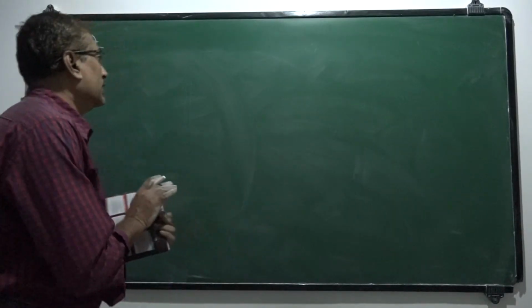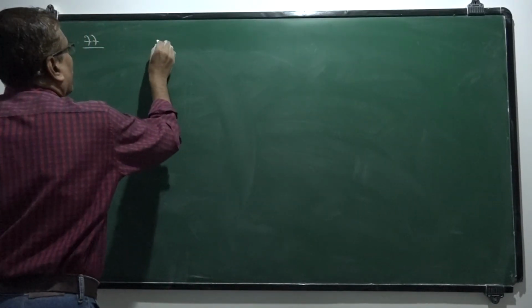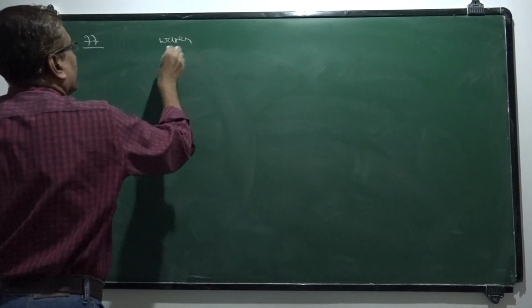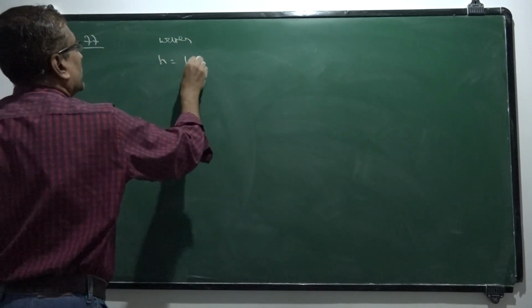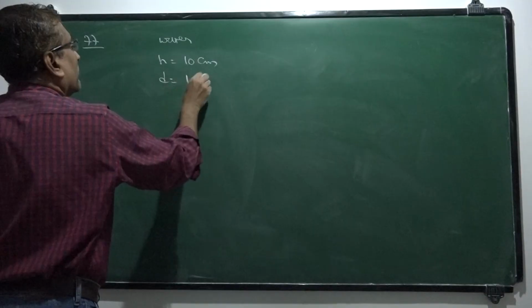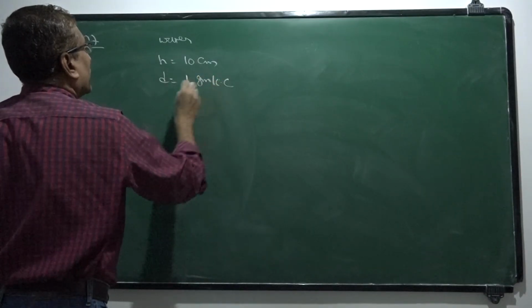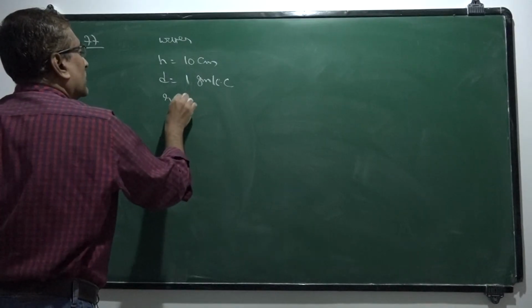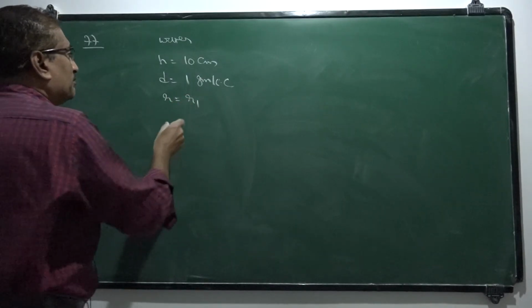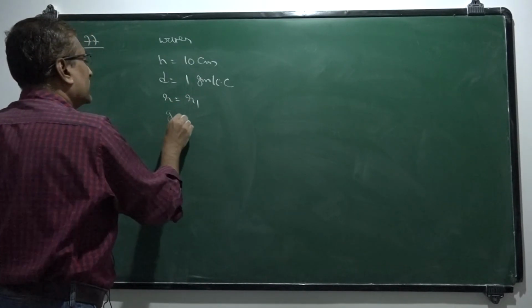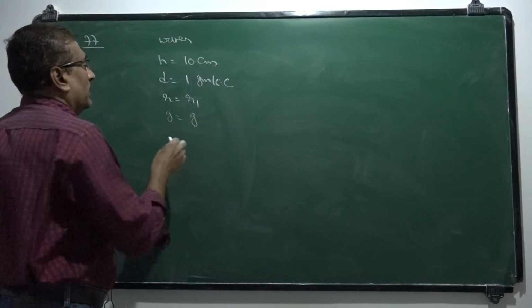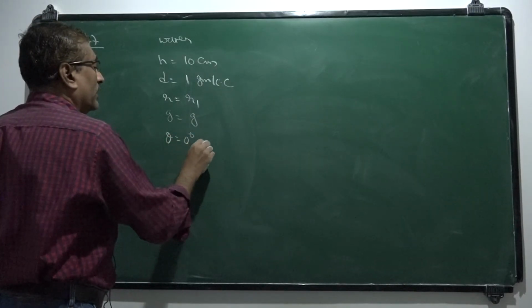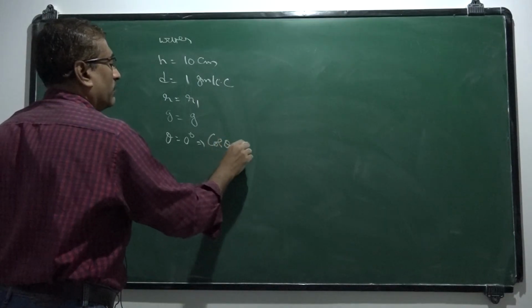So, it is given to compare. For water, it is given h is equal to 10 centimeter, density is 1 gram per cc, and radius R1, assume that R1 and g are the same, and theta is 0 degree, which implies cos theta is 1 for this water.